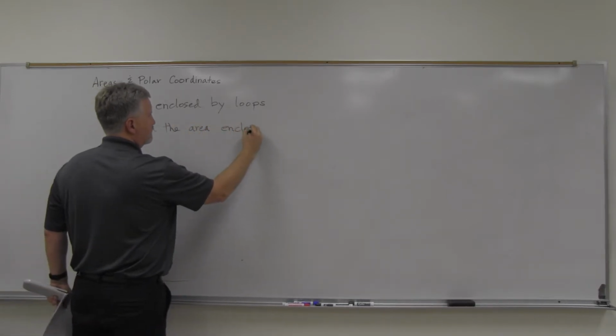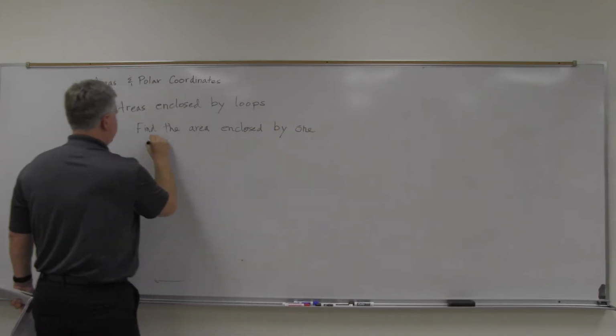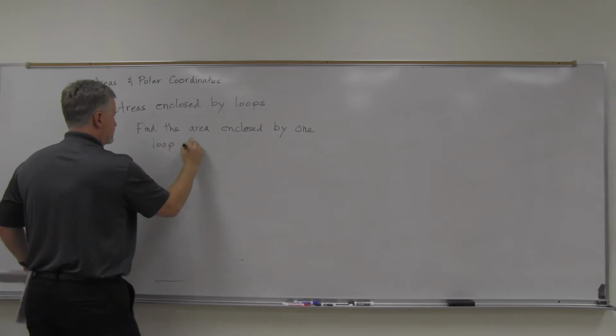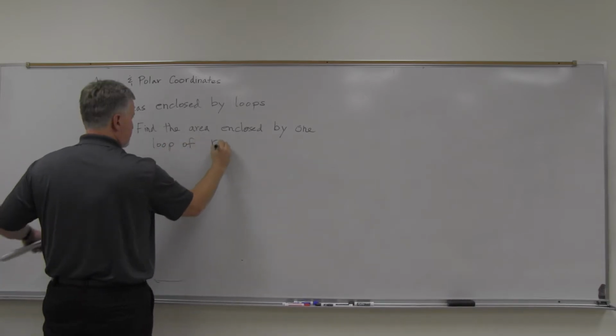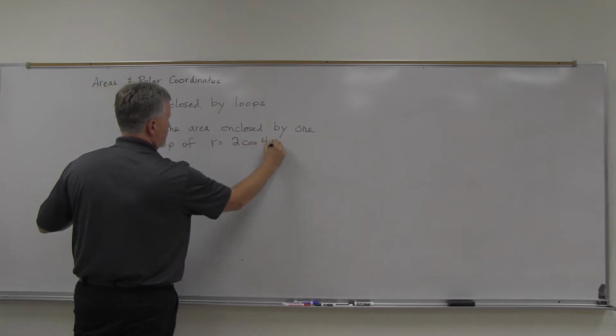enclosed by one loop of r equals 2 cosine 4 theta.